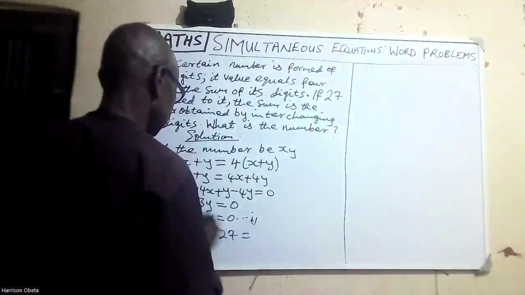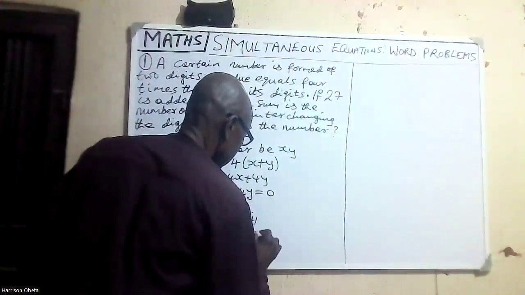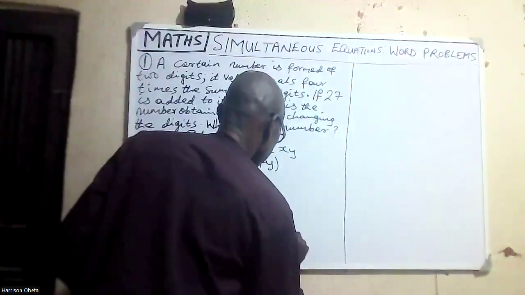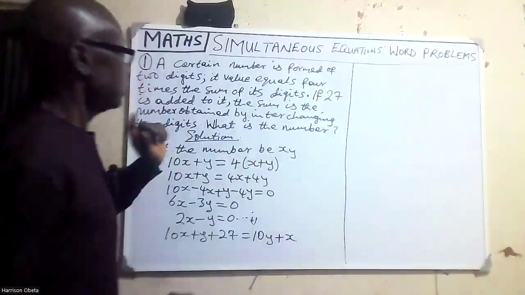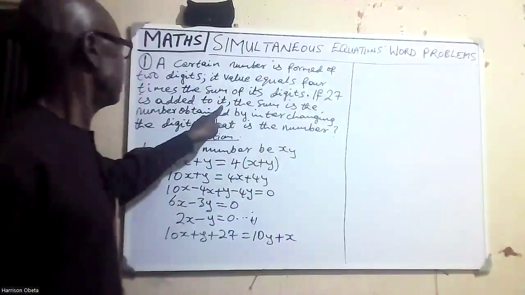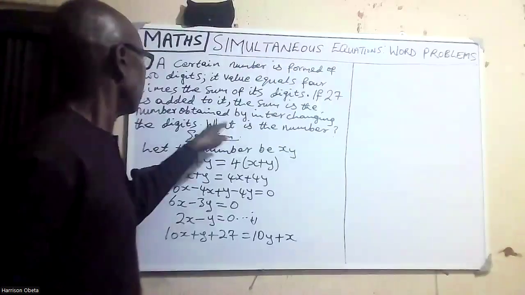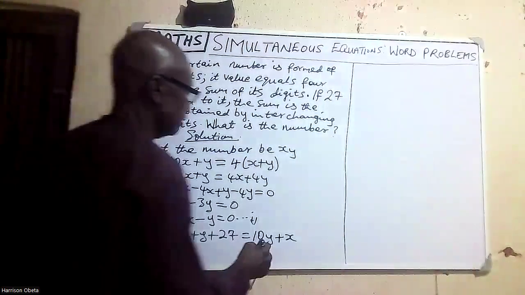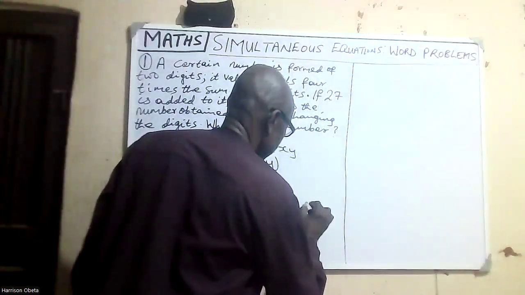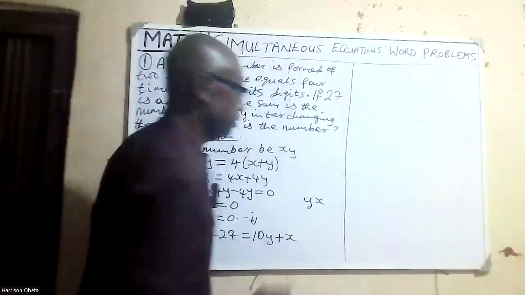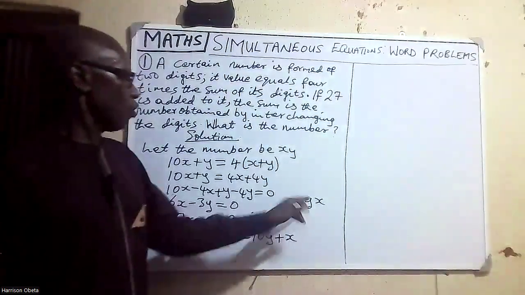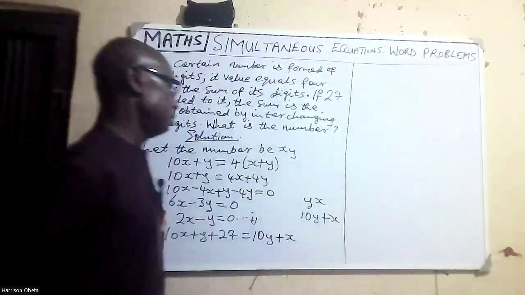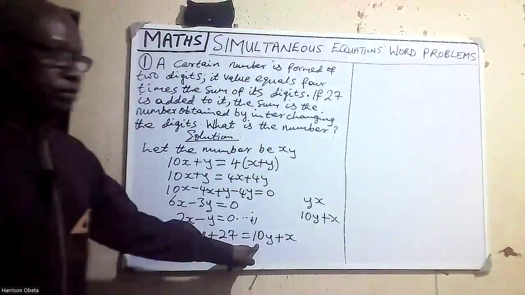So if you interchange, it will now be yx, and if it is yx, the tens digit means it's now 10y plus x. And that is what we have here.